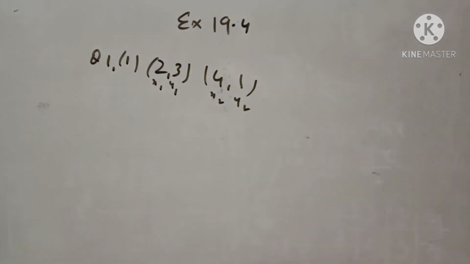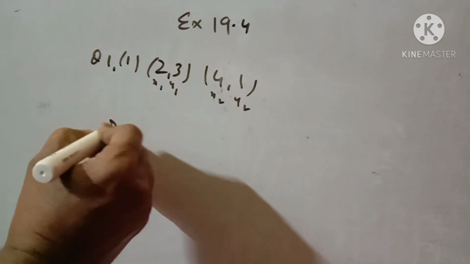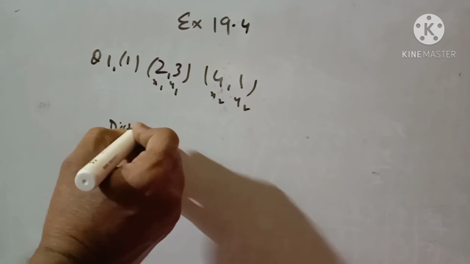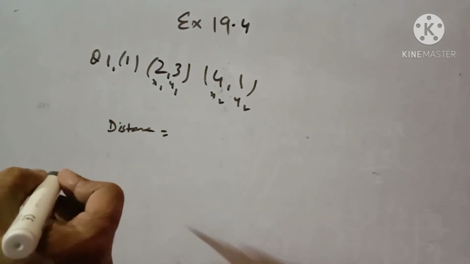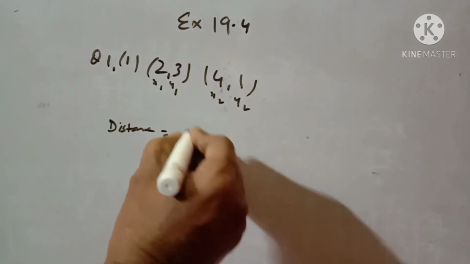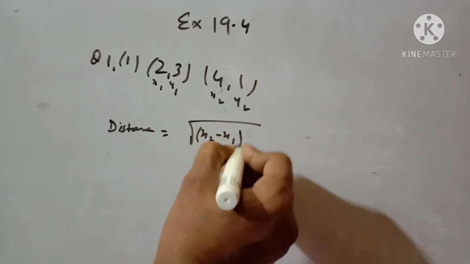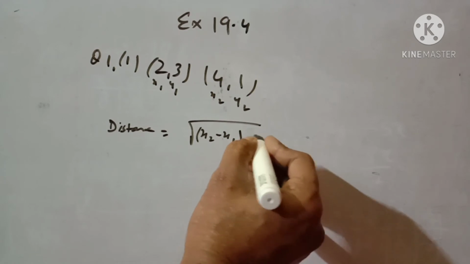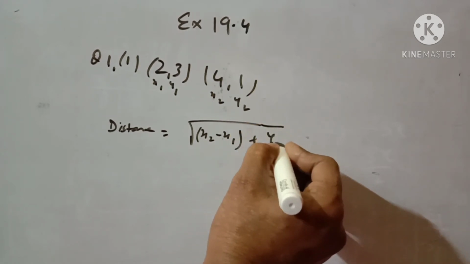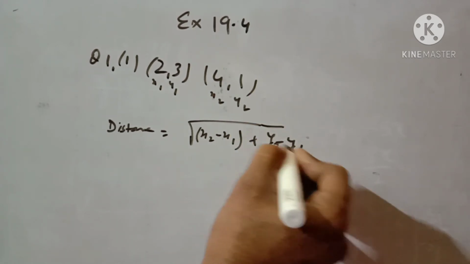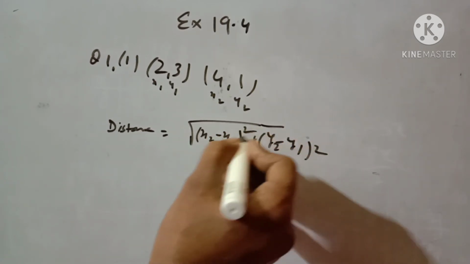By the distance formula we know that distance equals under root of (x2 minus x1) whole square plus (y2 minus y1) whole square.